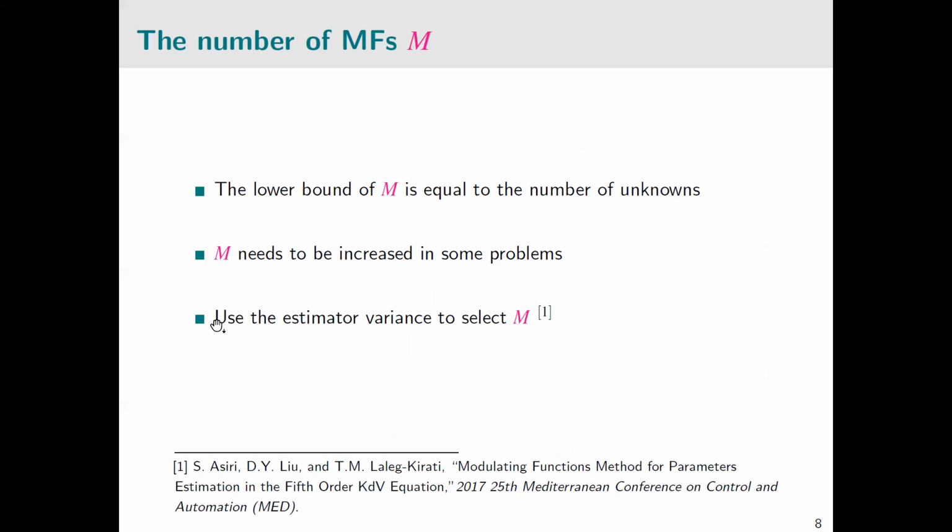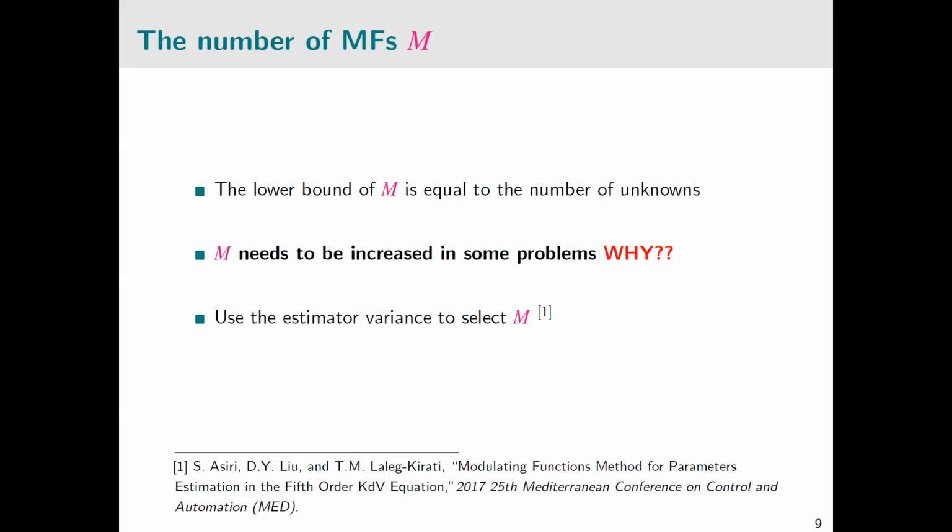In one of our previous works, we used the estimator variance as a guideline for selecting this M, and it gives us good results even for M that is far from the minimum. In this work, we focused on the main point, which is why, as we increase M, we have better results.